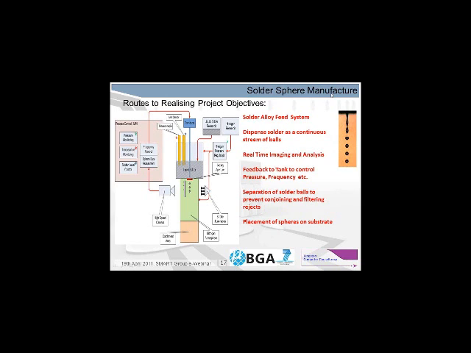The routes to realising the project objectives. What you're seeing in this diagram is a fairly state-of-the-art solder ball manufacture system. There is a solder alloy feed system, usually a tank, although it could be a wire feed system, which is providing the solder into a jetting tank.